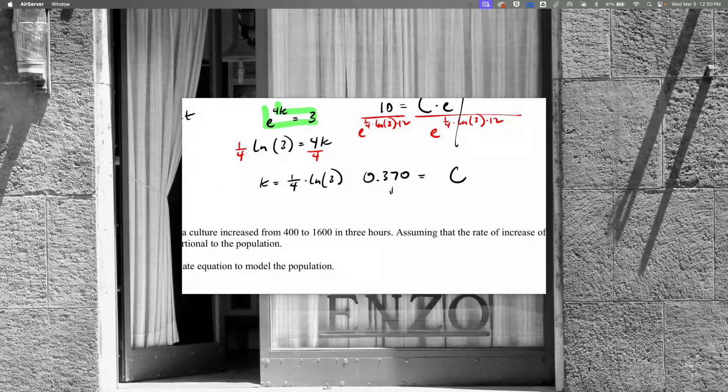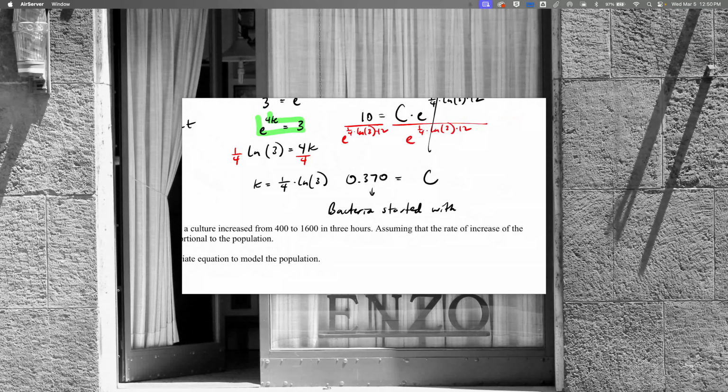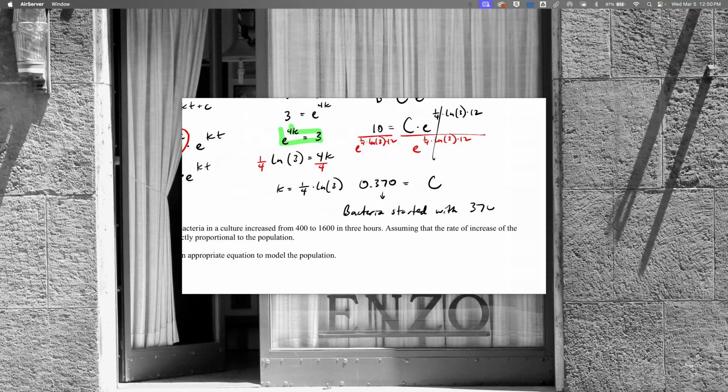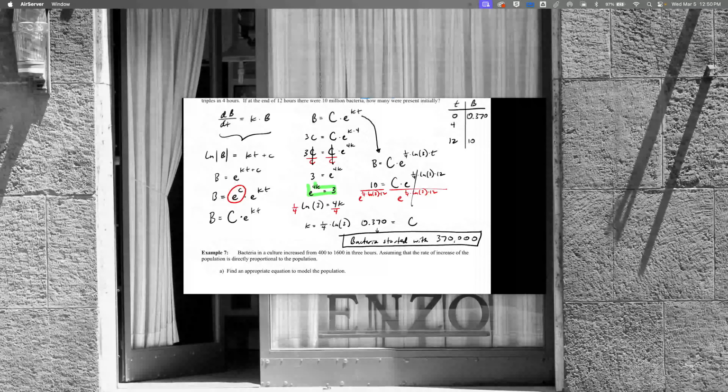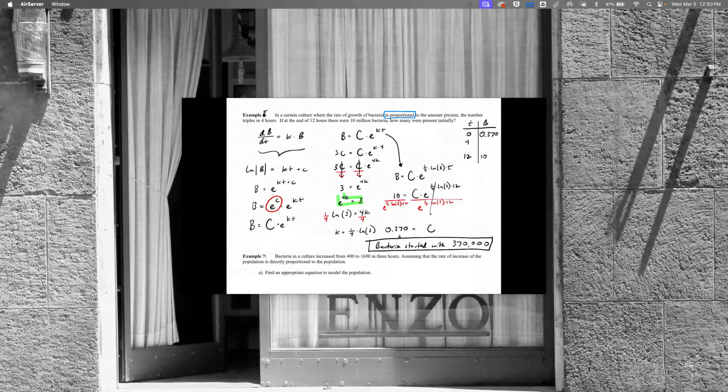This guy represents the bacteria started with 370,000, and then it tripled, it tripled, it tripled. Every 4 hours it tripled, until it got to 10 million at 12 hours. So that was a little different because you had to solve for the initial.